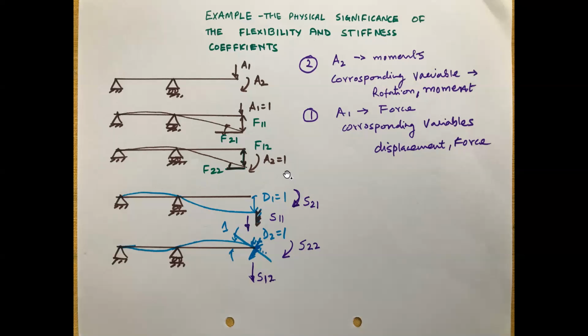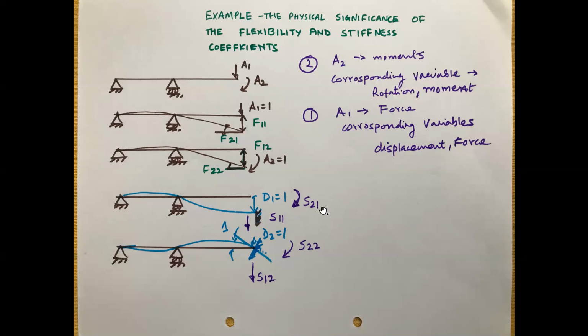So don't mix up flexibility and stiffness. And that's why I have shown the diagram here on the top about flexibility, and diagram on the bottom is about stiffness. So second diagram, now how to generate the stiffness coefficients. When you are allowing unit displacement, D1 is equal to 1 will cause two forces, S21 and S11.